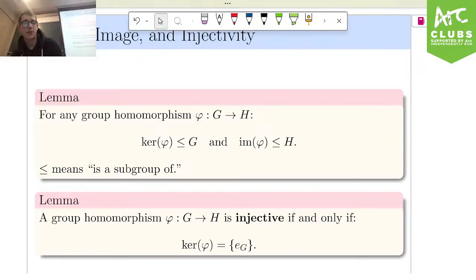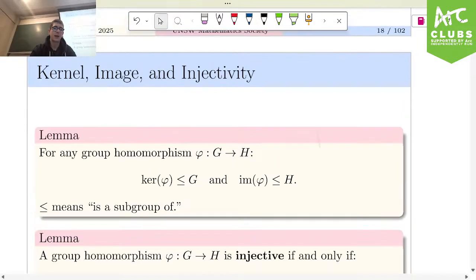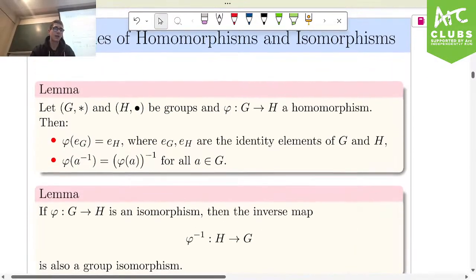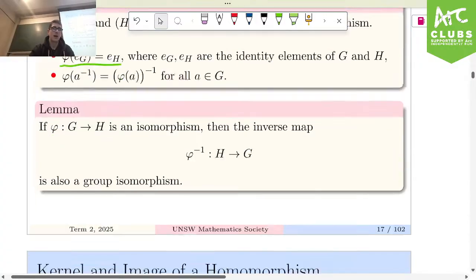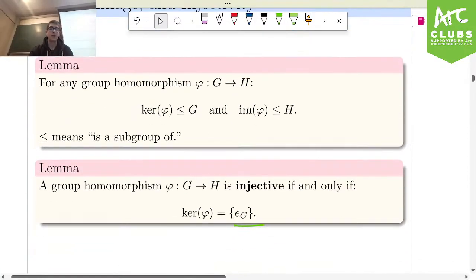And then we have another lemma that tells us that a homomorphism is injective, meaning that it takes distinct elements from G and gives them distinct elements in H, so no two distinct elements map to the same element in H, if and only if the kernel is just the identity element. From what I said before, the kernel always contains at least the identity element, by the lemma and from the definition.